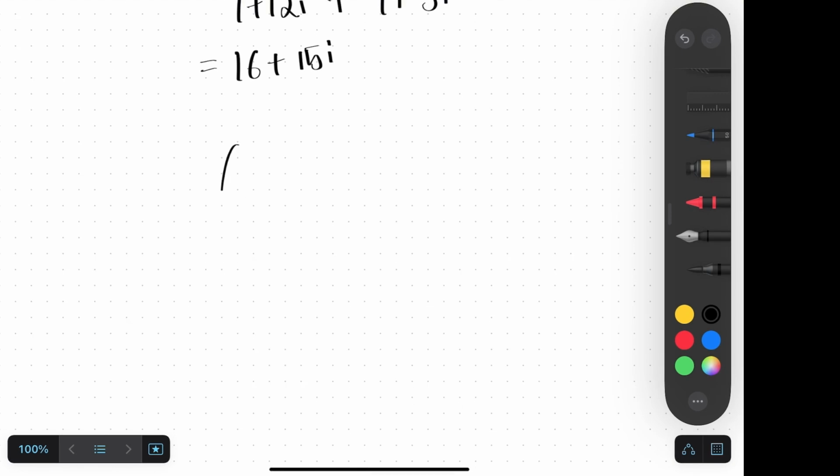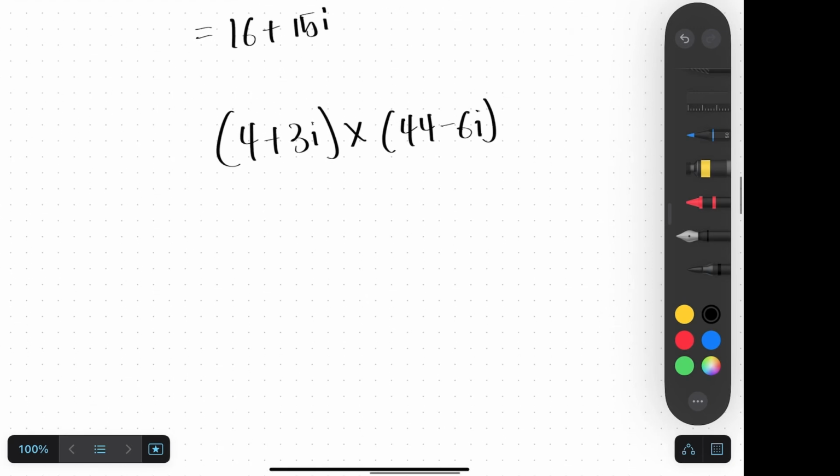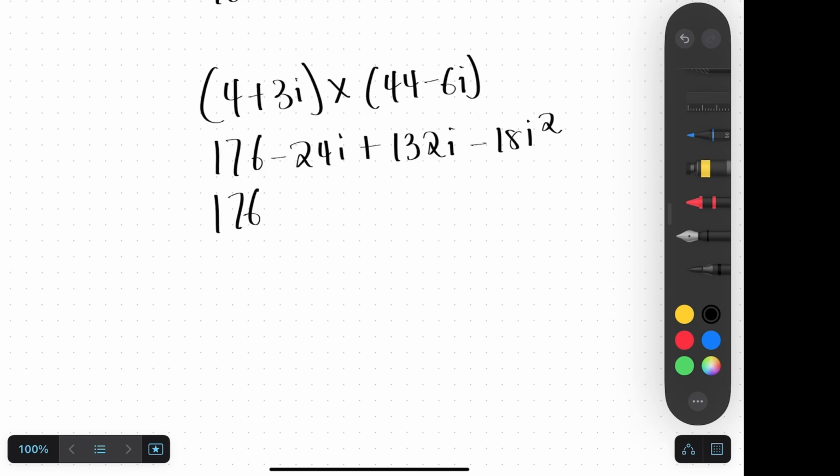Multiplication with complex numbers is also simple. 4 plus 3i times 44 minus 6i gives us 176 minus 24i plus 132i minus 18i squared. Let's combine our terms with the i.